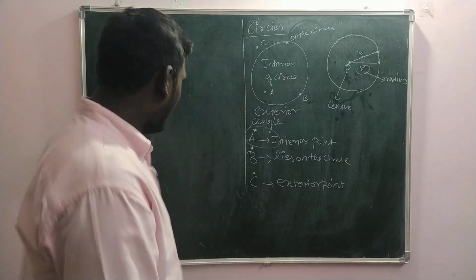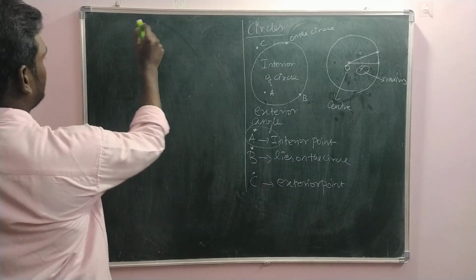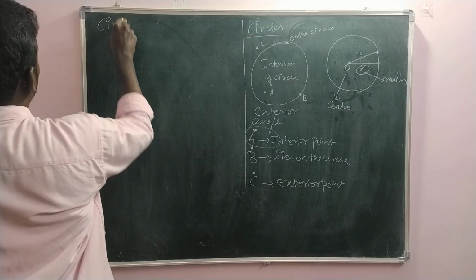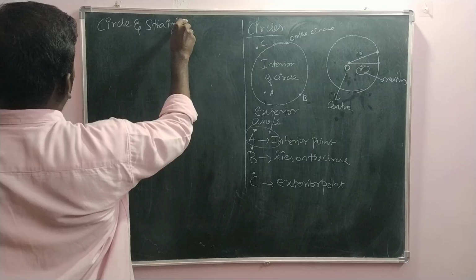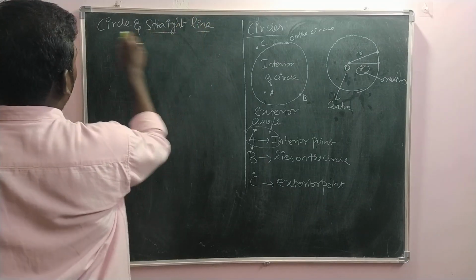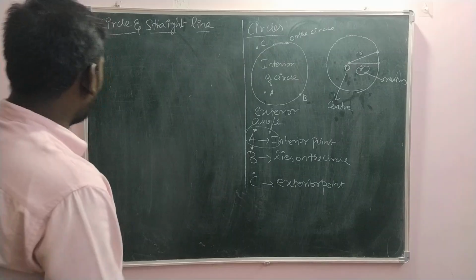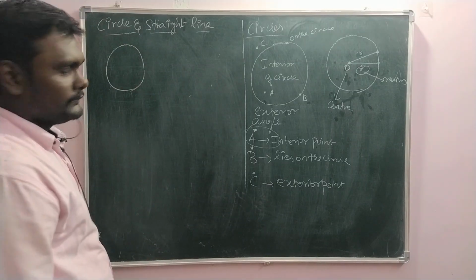Now we'll see the relationship between the circle and a straight line. Whenever we speak of a circle and a straight line, three cases arise.